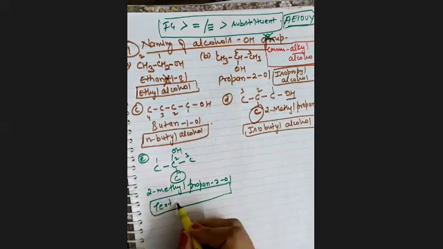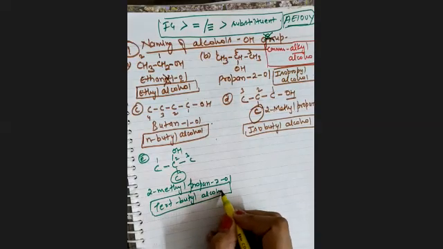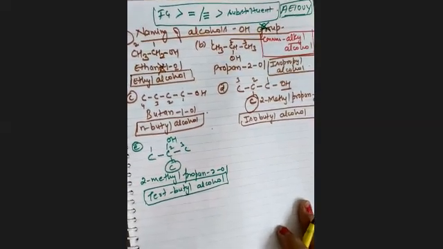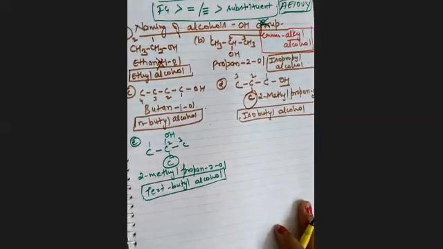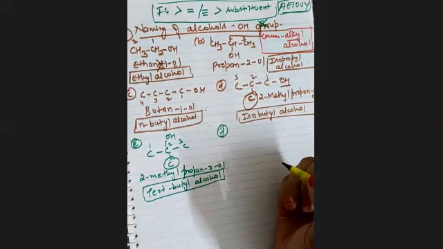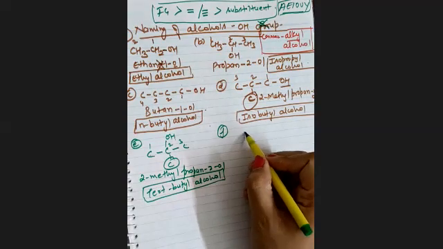So tert-butyl alcohol. Remember, you have to learn IUPAC name as well as the common name of the compound. That's why I'm writing both the things. Next. I'm taking examples of all type of nomenclature, common examples.